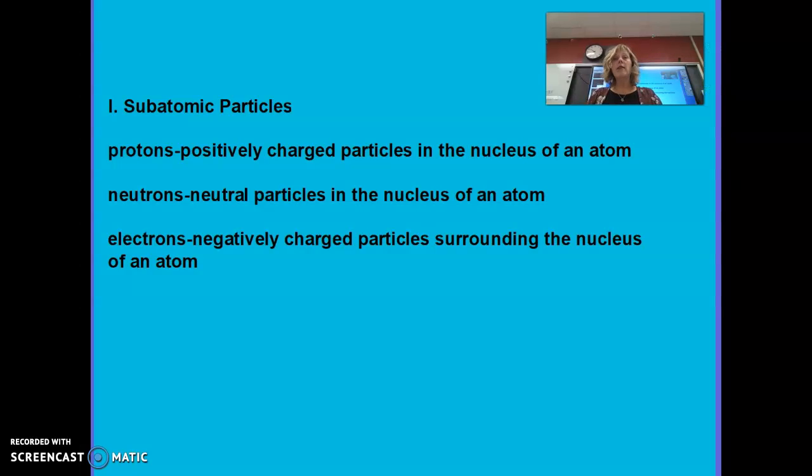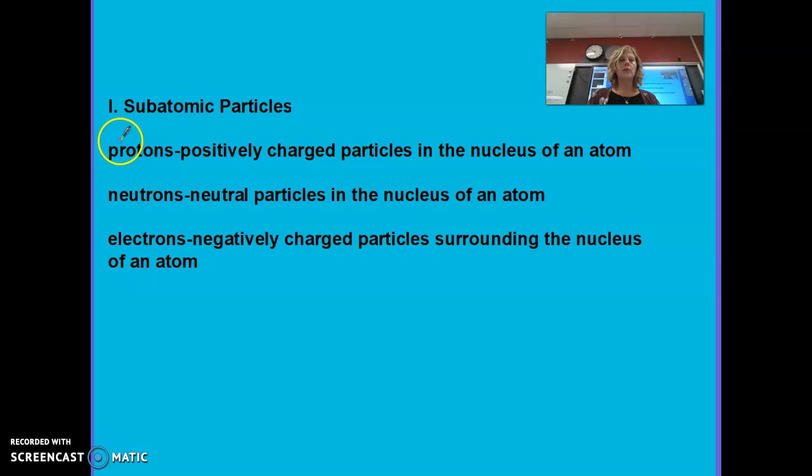I'm sure you are well aware, unless you've grown up under a rock somewhere or never taken a science class, that you've heard of protons, neutrons, and electrons before. This isn't new information for you, certainly at this point. However, protons are the positively charged particles that we find in the nucleus of an atom. Neutrons are also found in the nucleus of an atom.